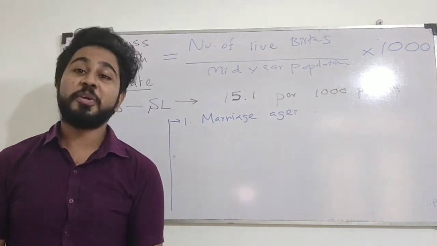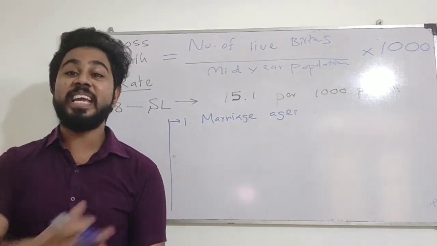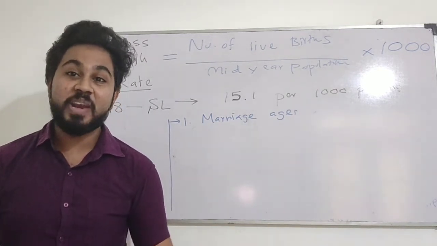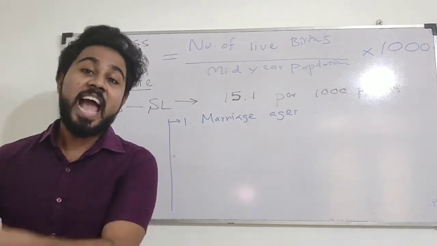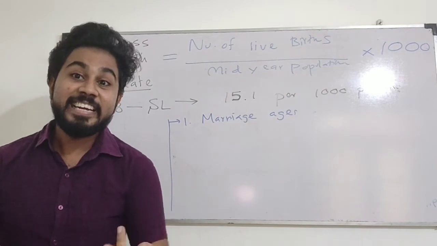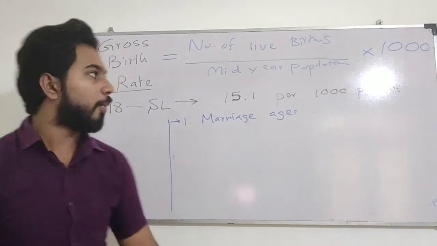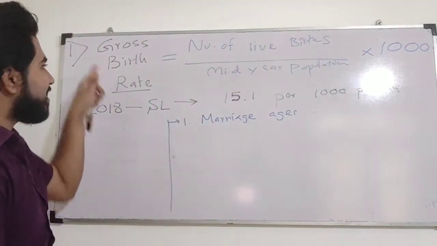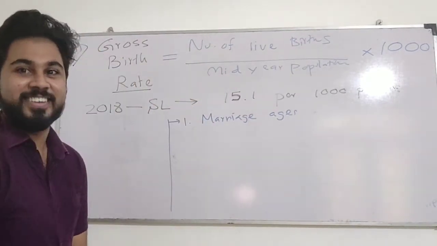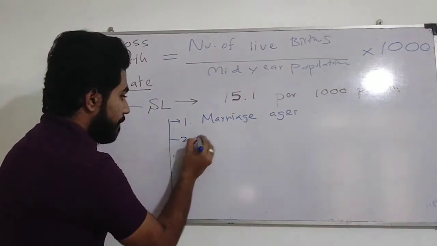We will be able to generate more babies at the beginning of our marriage life. That means you are going to generate babies at the very earliest stage. Then it will increase what? The number of live births. If the number of live births increases, the gross birth rate will go up. No? Right.